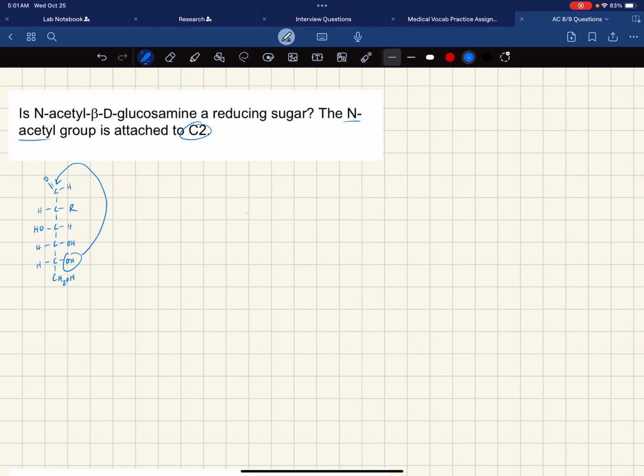So because that can still happen, because we haven't changed carbon 1, that aldehyde carbon, this is a reducing sugar, because it can undergo that cyclization.